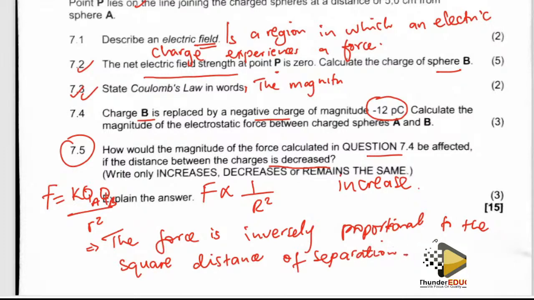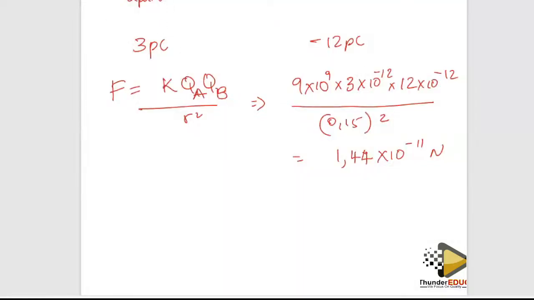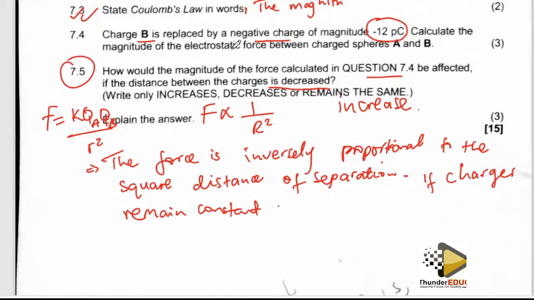I don't know, I feel like that would be enough. Now we're doing this with just a condition that the charges remain constant, in other words, the magnitude of the charges remain constant. Guys, that is question number 7.